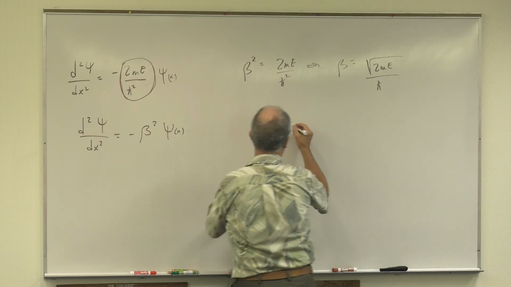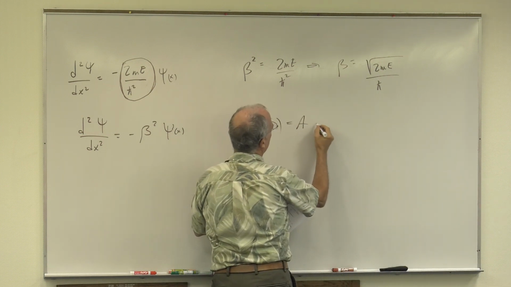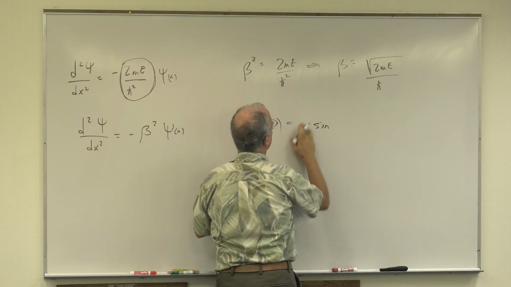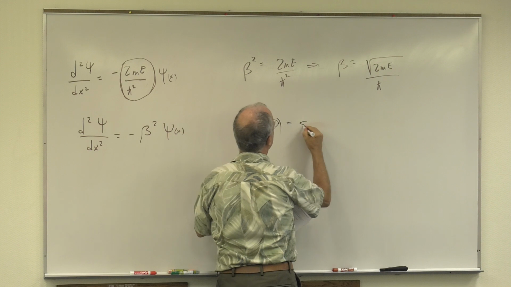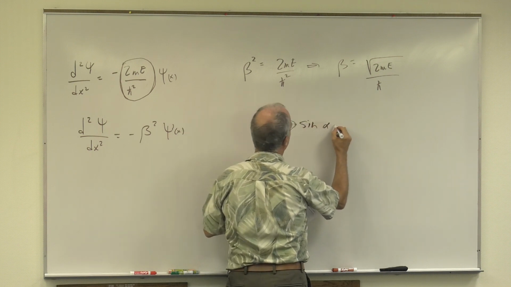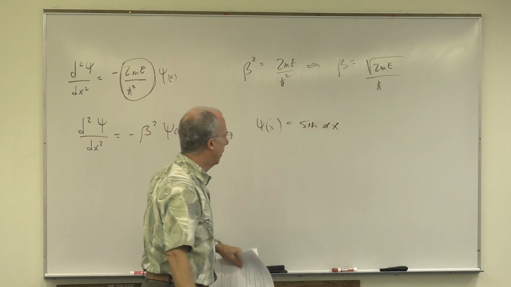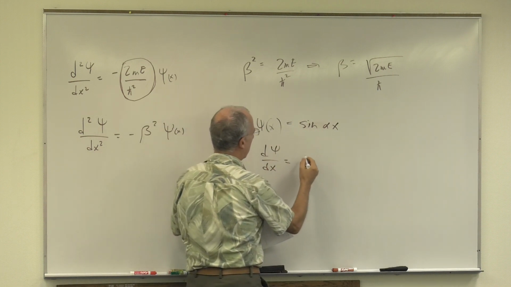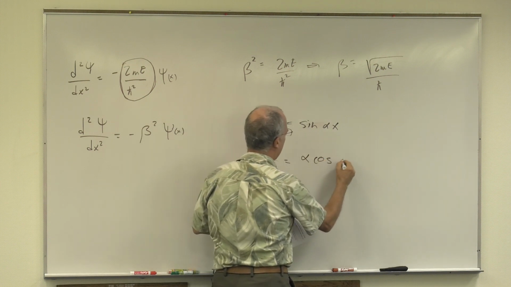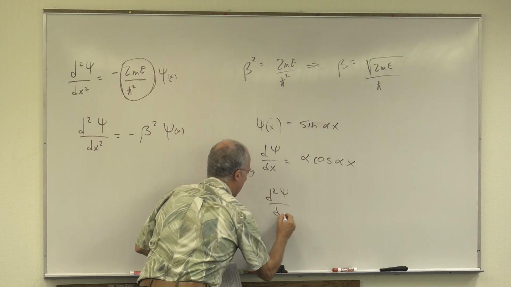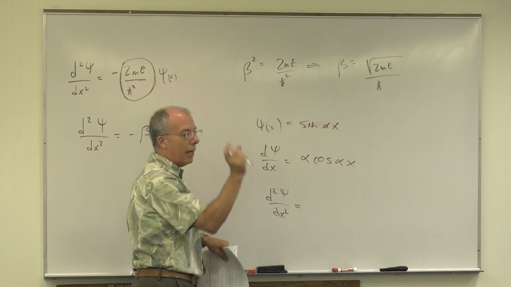Here, let's just prove it. Let's do sine. Sine alpha x, where alpha is a number. So d psi dx equals alpha cosine alpha x, and d squared psi dx squared. What's the derivative of cosine? Minus sine.